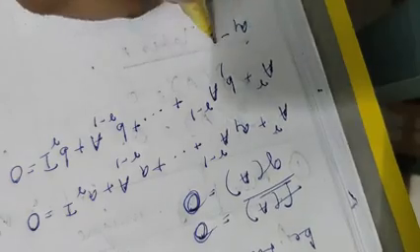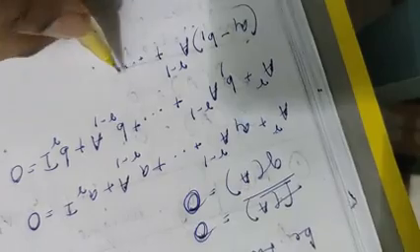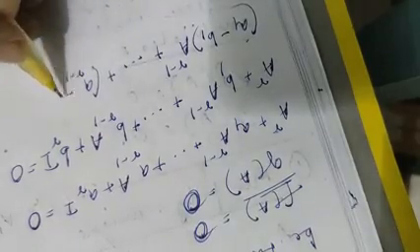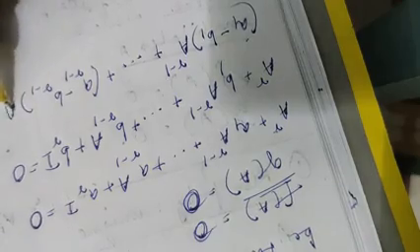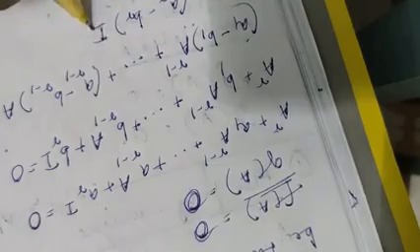This and this will be cancelled out. So we will get (a1 - b1) A^(r-1) + ... + (a_(r-1) - b_(r-1)) A + (a_r - b_r) I equals 0 matrix.